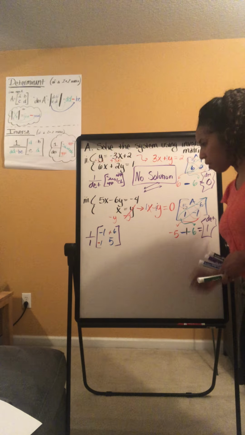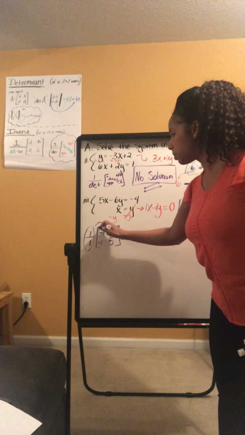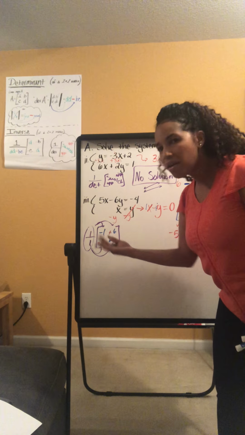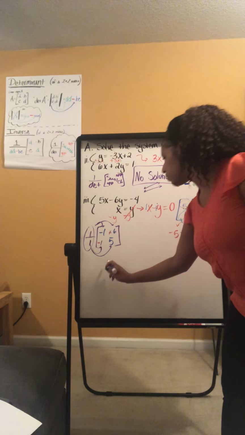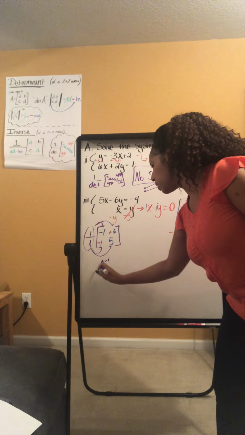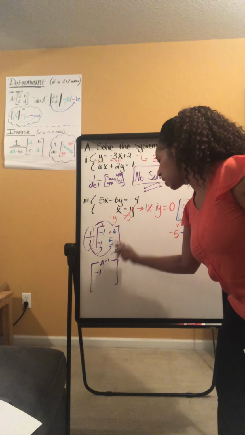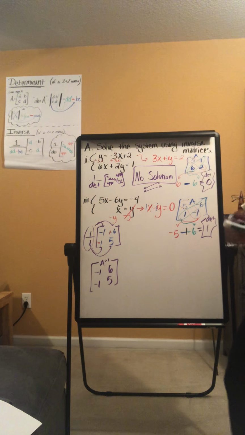Now all I have to do is scalar multiplication by everything in here. Well, 1 over 1 is just a 1, so it's not really going to change anything. My inverse matrix is simply negative 1, positive 6, negative 1, 5. That is the inverse matrix.